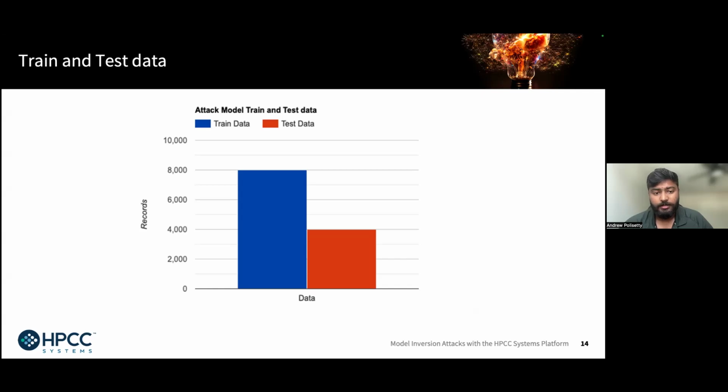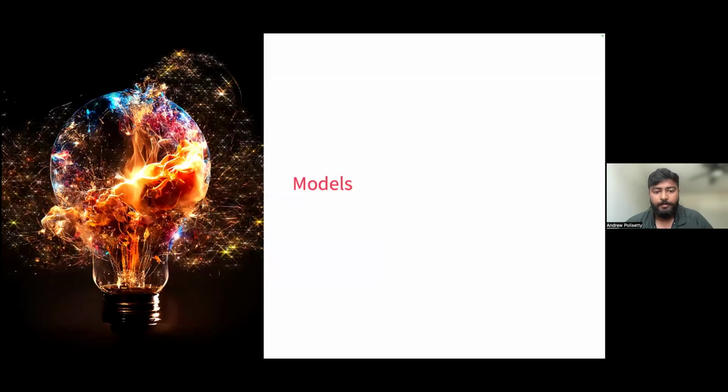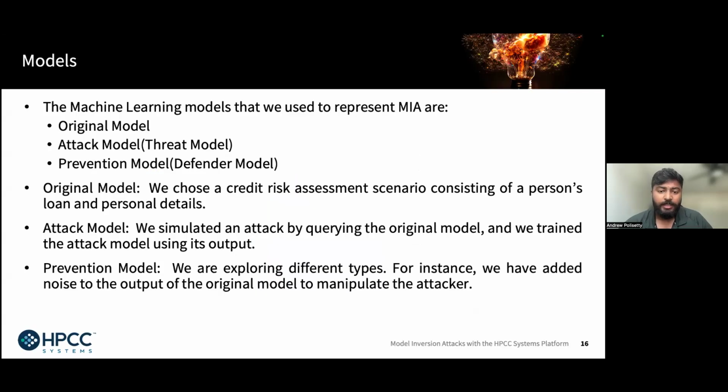Coming to the models, we developed three key models to explore the effects of model inversion attacks and potential prevention strategies. The original model was designed for credit risk assessment. It used features like loan amount, interest rate, and FICO score to predict whether an individual would default on their loan. The attack model was then developed to simulate an opposing scenario.